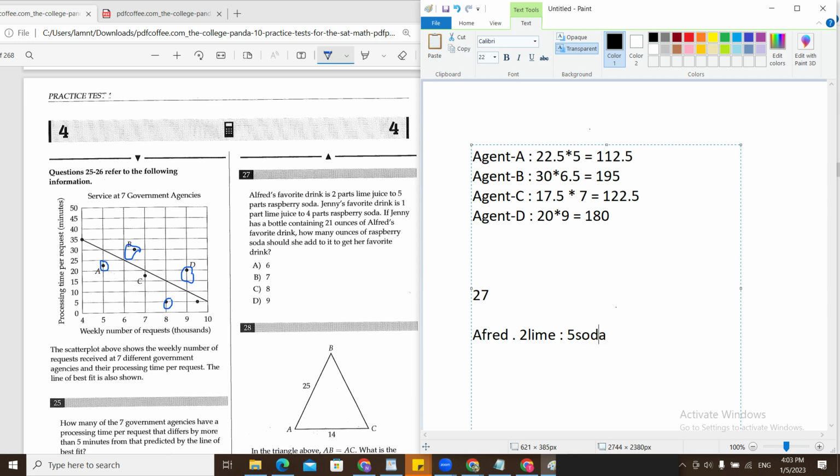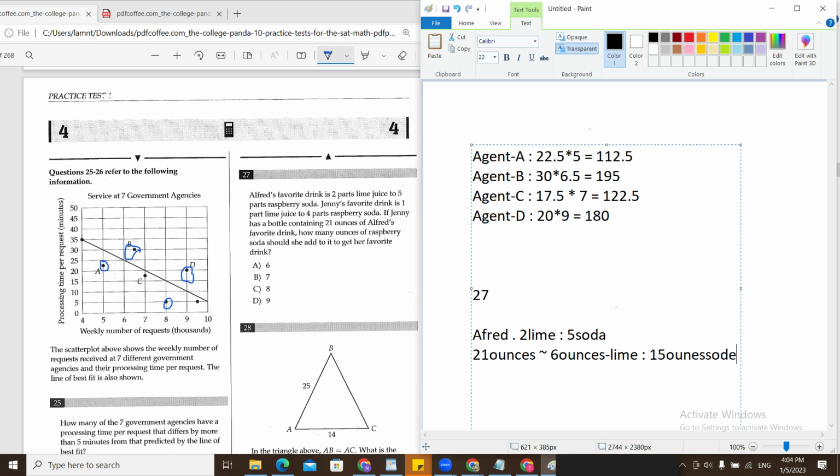Okay, so now she has 21 ounces, so that's equivalent to 7 parts in total, right? 7 parts in total, so that means 3 ounces each part, so that's going to be 6 ounces of lemon juice.